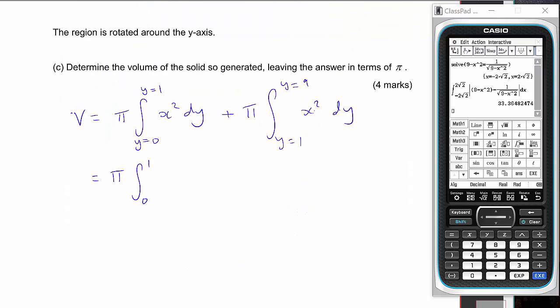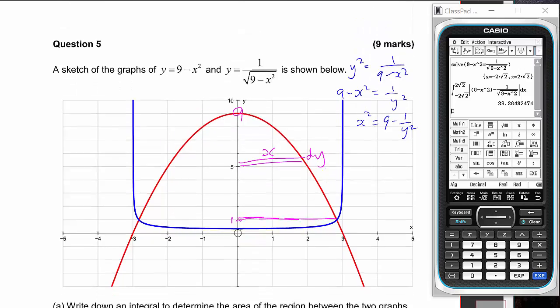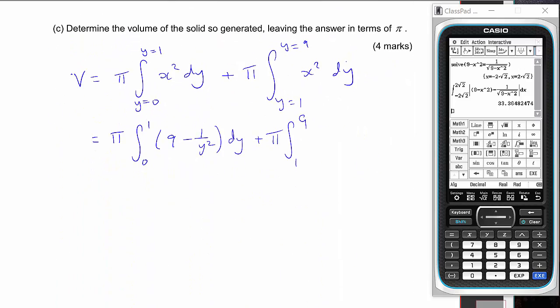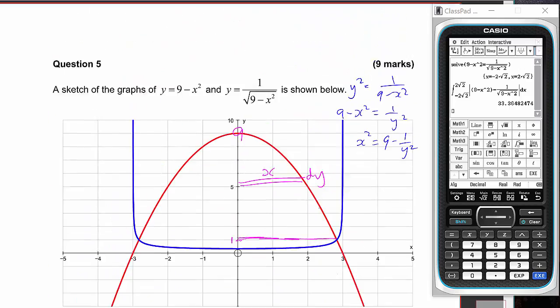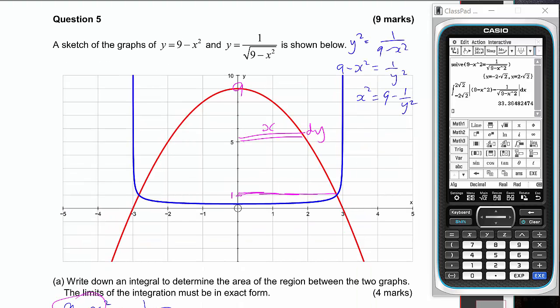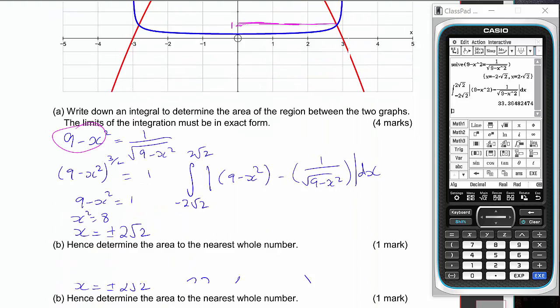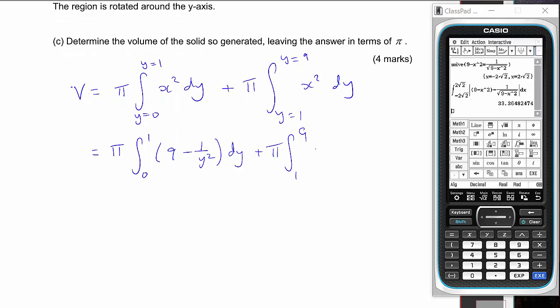So that is going to be 9 take away 1 over y squared dy. And then this one here, from 1 to 9. Yes, x squared we want, and so x squared would be 9 minus y. And of course we can do those on the calculator.